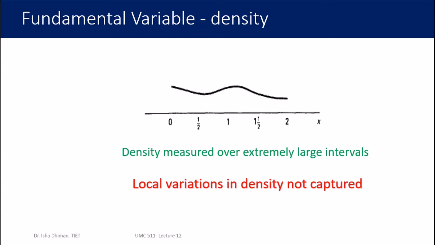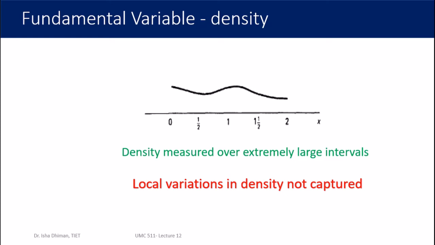For example, if you just tell how many vehicles are there over a road stretch of, say, 30 kilometers, you'll count the vehicles over the whole highway and tell this is the density or the number of vehicles. But that situation may not depict the real thing. The real situation can be that on a small section of the road there is a traffic jam.